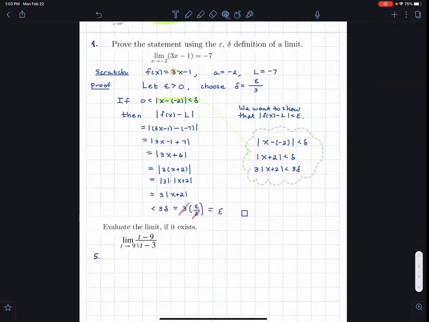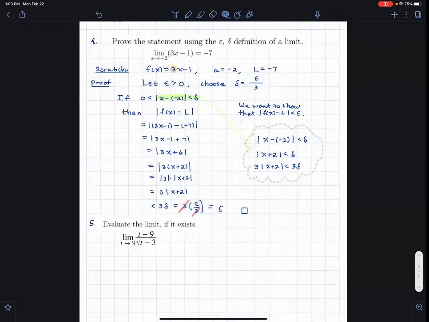Okay. This is a totally different thing, where we're going to evaluate this limit using the limit laws. That was about proving a limit exists using the epsilon delta definition of limit. Here we're going to evaluate the limit using the limit laws. If I put in t equals 9, we'll see that we get a 0/0 form: 9 minus 9 over square root of 9 minus 3.